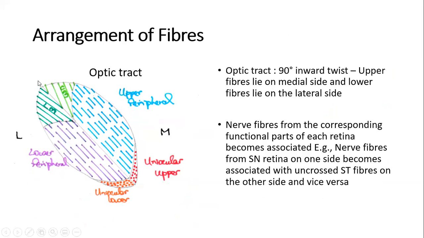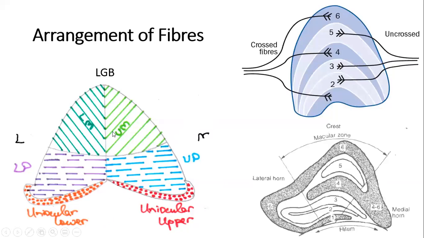So these supratemporal fibers will become superior fibers here. Just look at this diagram here. So macular fibers will come to lie superiorly, and whatever was there as the upper fibers will come to lie medially because of that inward twist. So simple here. Okay. And the uniocular fibers will lie in the lowermost portion.